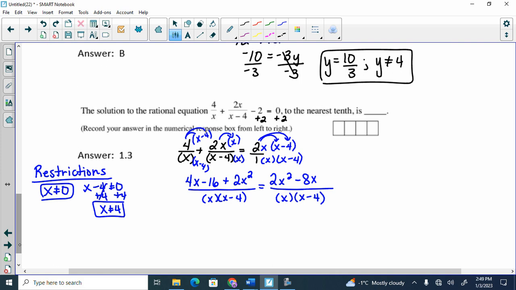Now, I have denominator equals denominator. So when I have that, I can say that my numerator is equal.